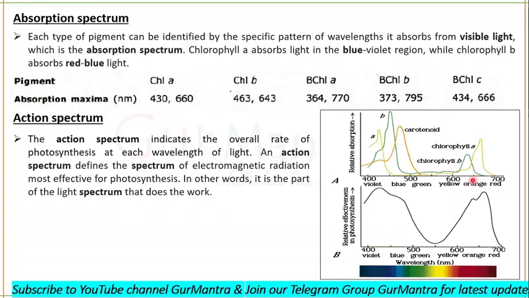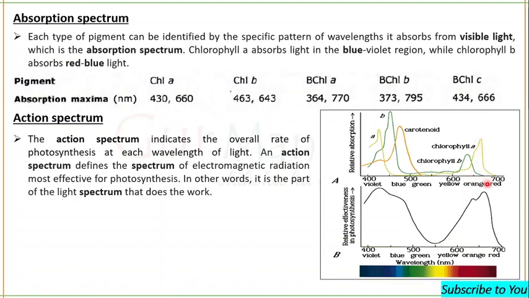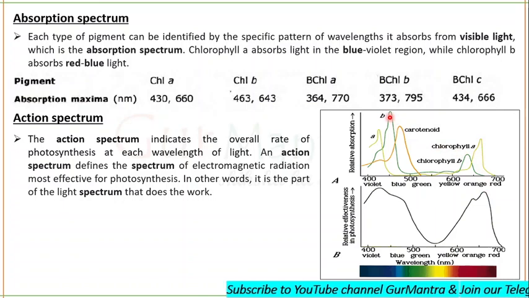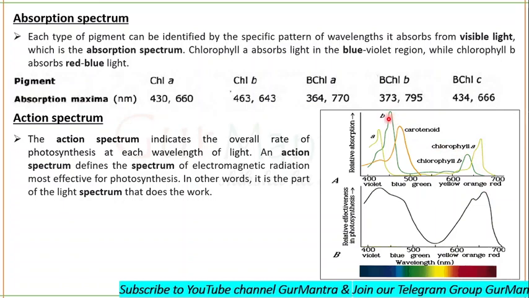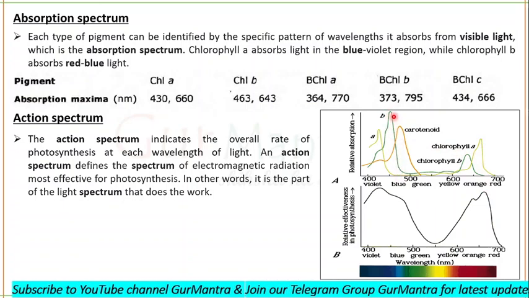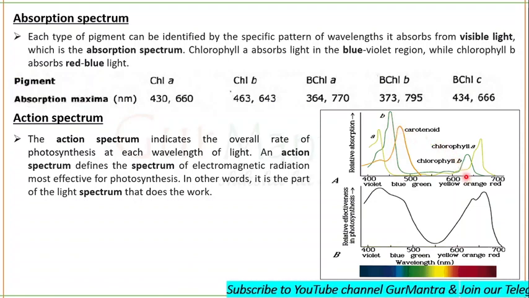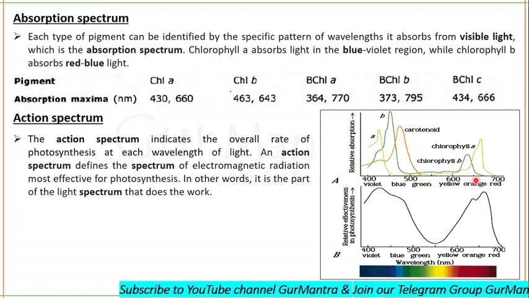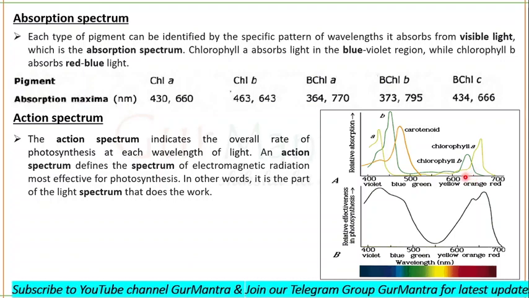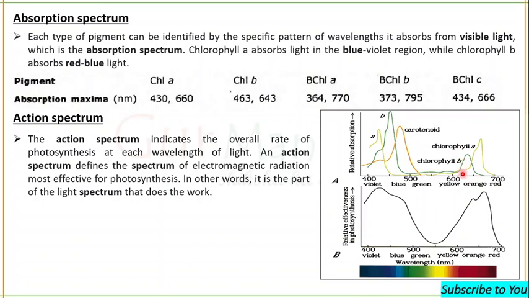Okay, this is 650, and this peak is after 650 nanometer. And then we can see a peak for chlorophyll b at about 460 nanometer. Okay, 463, or we can say, and another peak that we can see for chlorophyll b is before 650, it means about 640 to 643 nanometer.